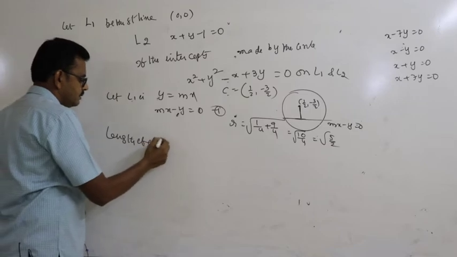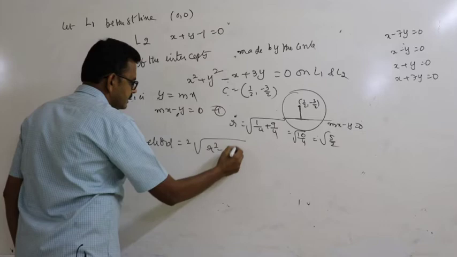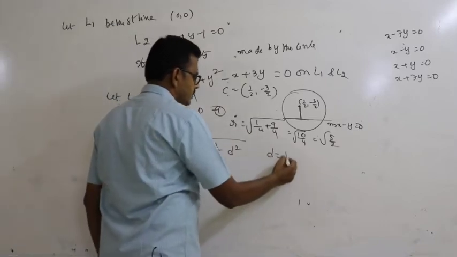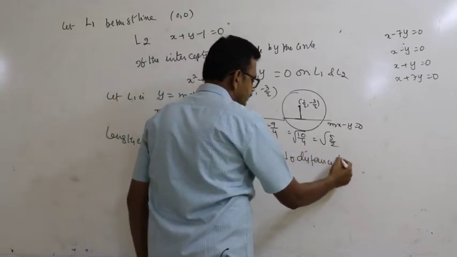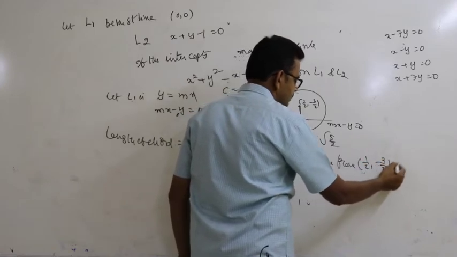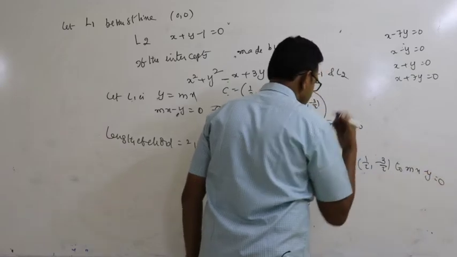Length of chord is equal to 2 into root of r square minus d square, where d equals the perpendicular distance from 1 by 2 comma minus 3 by 2 to the line mx minus y equal to 0.